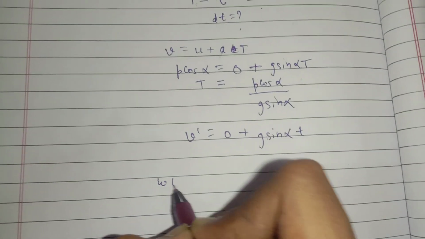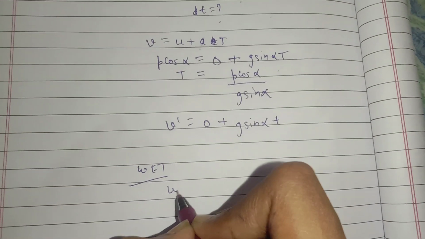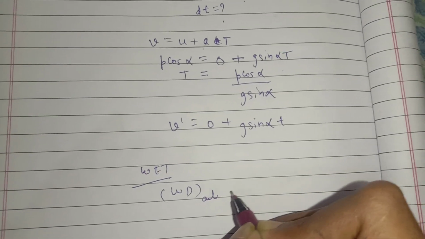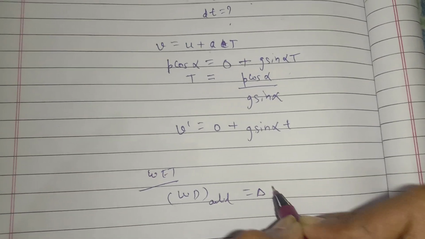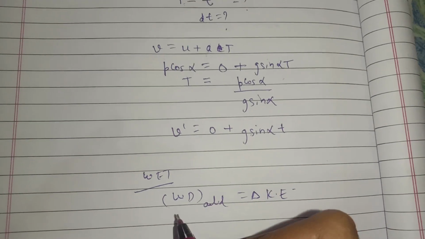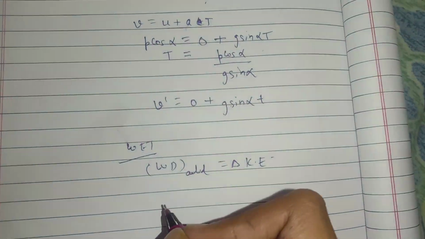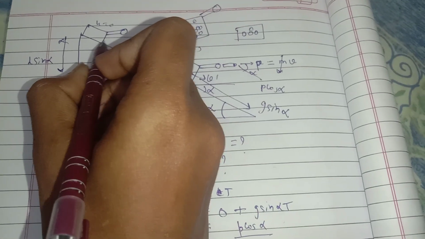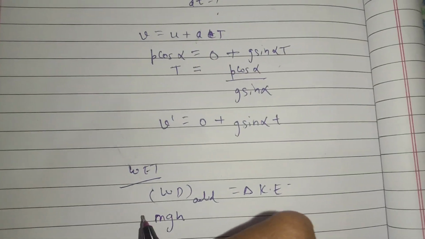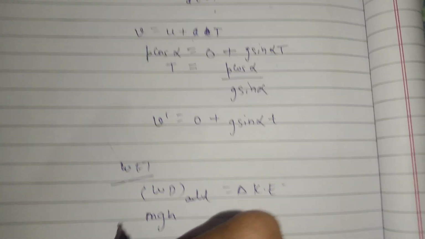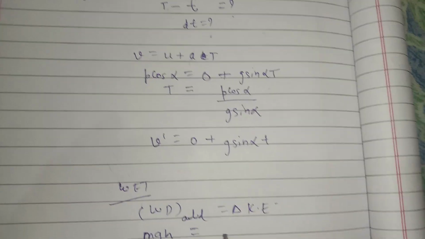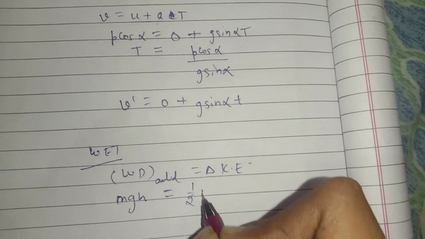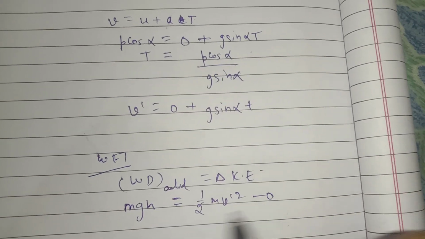Using WET, work done by all the forces is equal to change in kinetic energy. Only gravity is responsible for the movement of this cannon, so we write mgh. Since mg is doing positive work, there is no need to write plus, and its final kinetic energy will be half m v dash square minus 0.